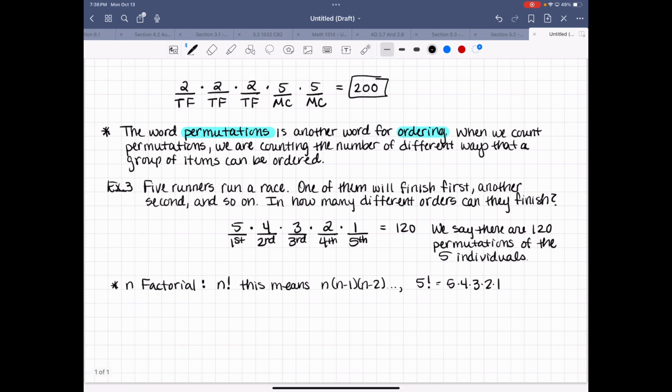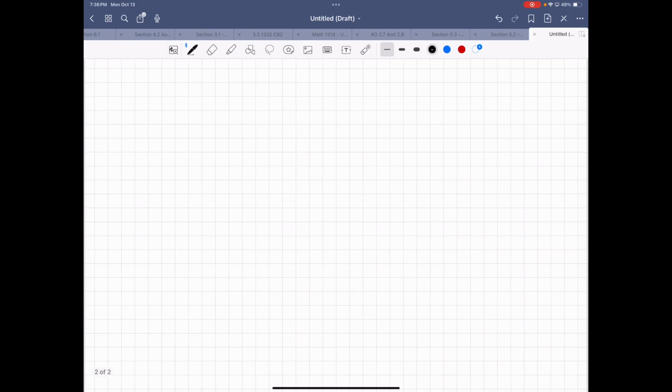That brings us to example 4. We're not going to finish this. Okay. Example 4 says 10 runners enter a race.